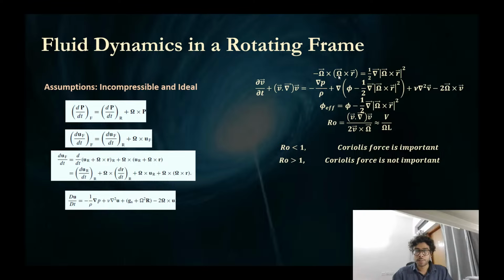Now we are going to simplify this omega cross r expression, and what will come out of this is this thing. So let me also show how this comes, because this was not shown clearly in the lectures.